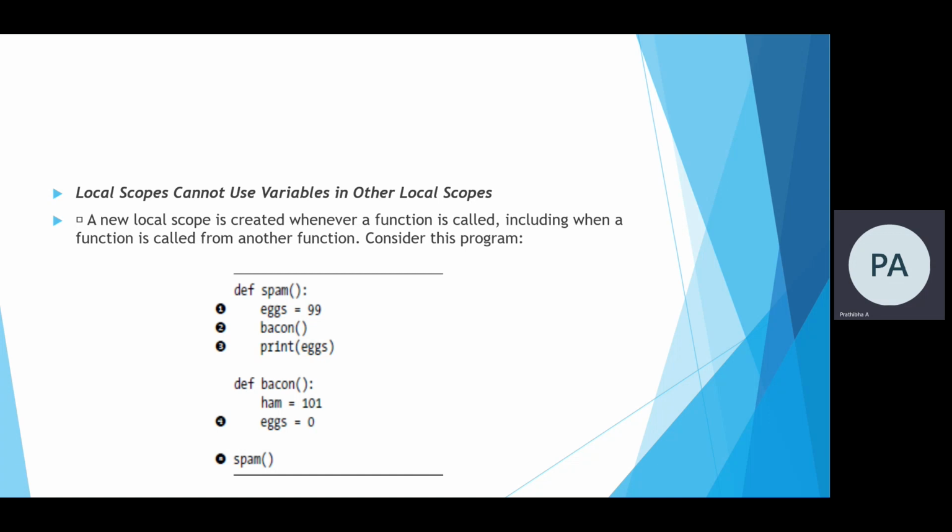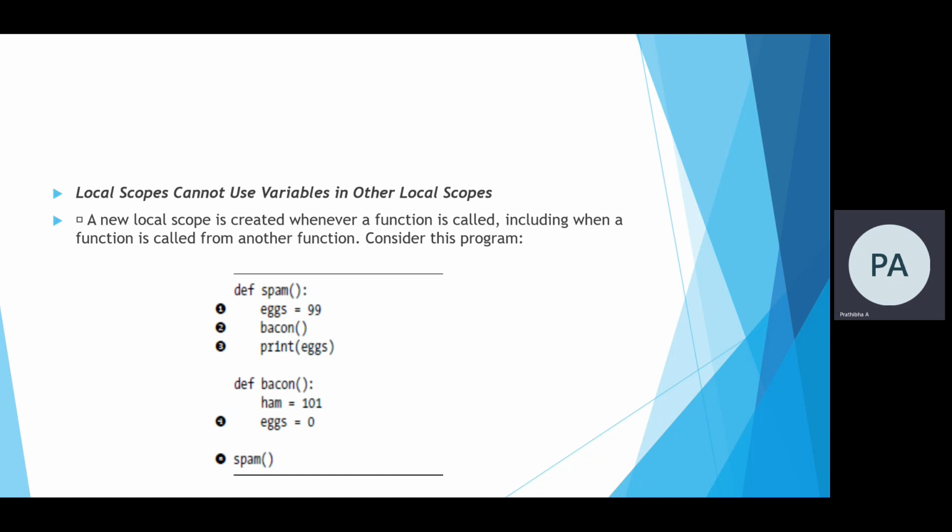Here ham equals 101. You take one more variable and assign it 101, and x equals 0, so you are assigning the x variable to 0. After doing this, we go back to print x in the spam function itself.